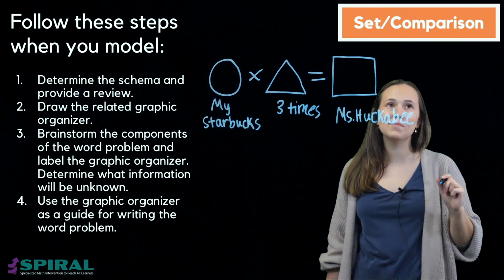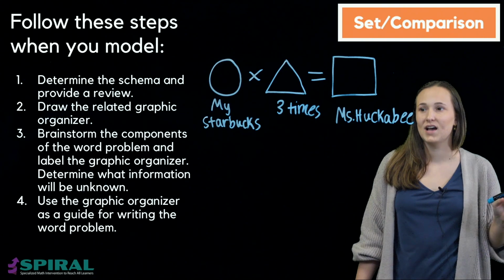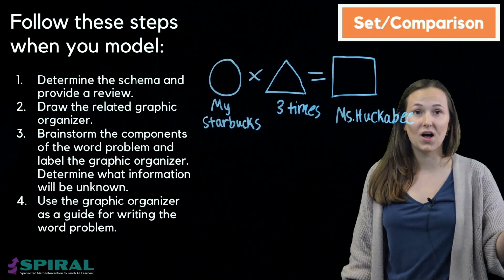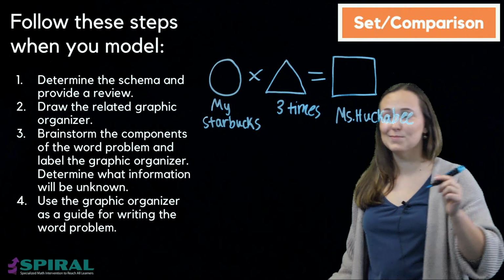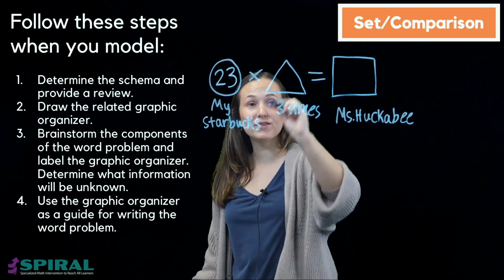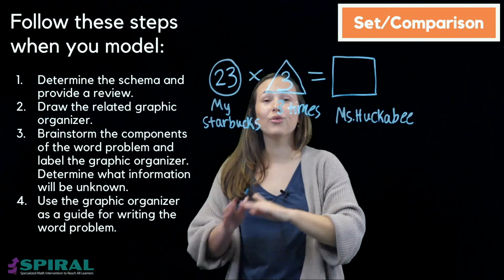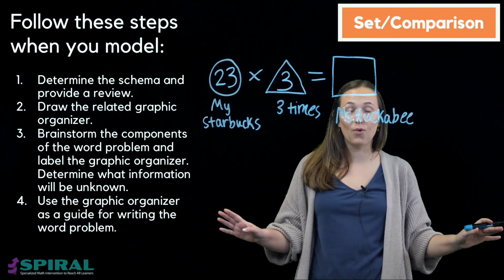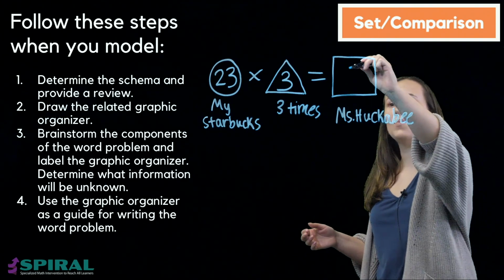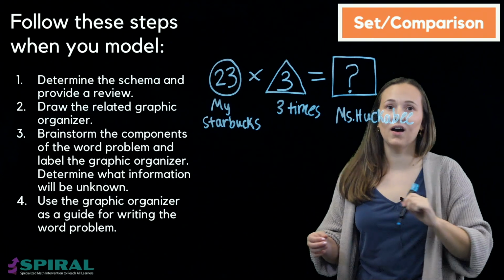So I'll make my story about last year. Let's say that I bought Starbucks 23 times last year, and Miss Huckabee bought Starbucks 3 times more than I did. So my unknown is how many times did Miss Huckabee buy Starbucks?